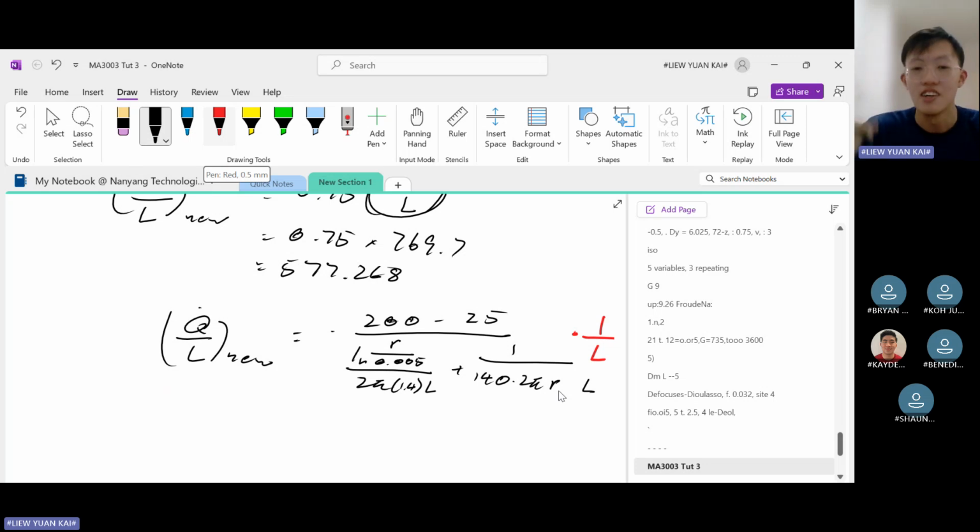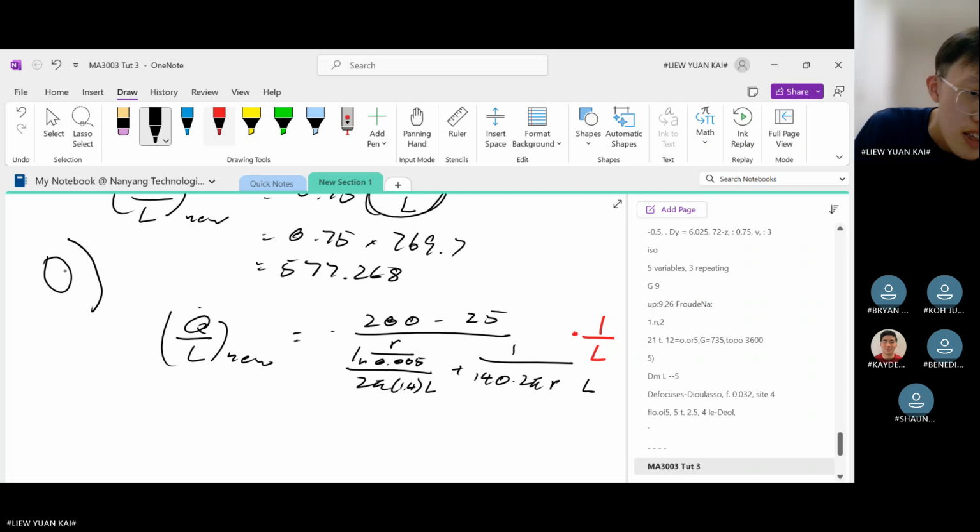The temperature difference is the same. The inner radius is the same. There's still conductive resistance and convective resistance. The only thing that has changed is the thickness of this insulation, so that's why I replace it with R. In fact, this L is already gone, so let me just erase this away.